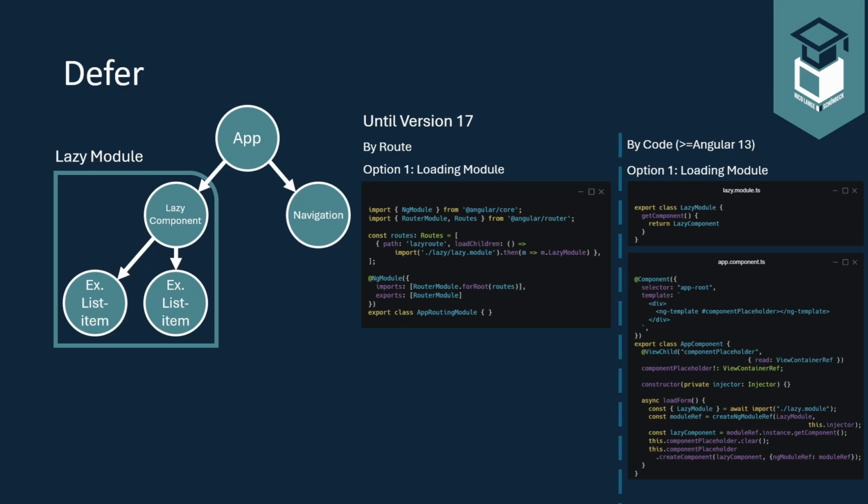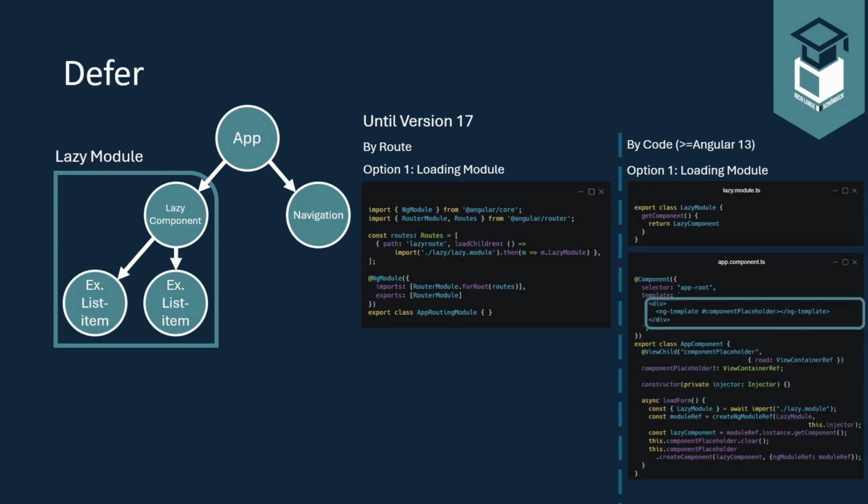And we have this loadForm function. What it does is await import the lazy module that we're creating on the top and creates an NgModuleRef. Those two lines of code tell Angular that it should make this lazy module a separate bundle in the build process.